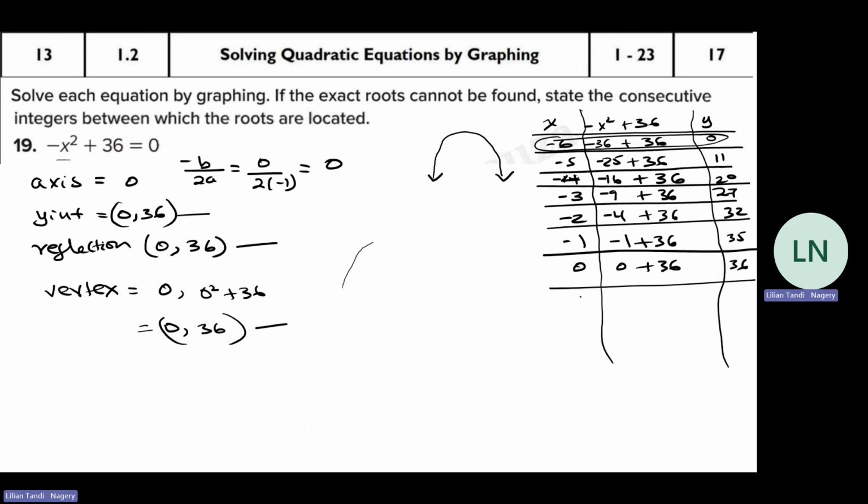And then 1 will give me negative 1 plus 36, which is 35. So here is where my graph is changing. This is my y-intercept, it's my vertex, this is my reflection. That's very weird.